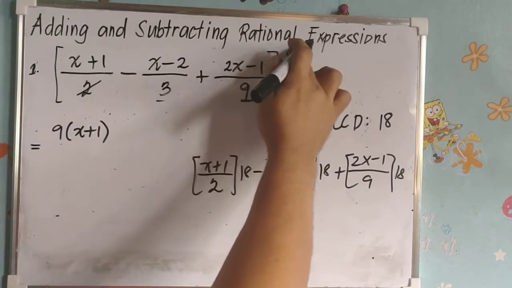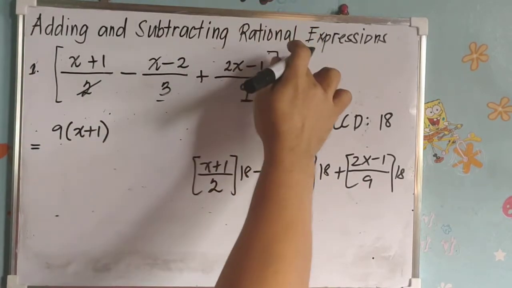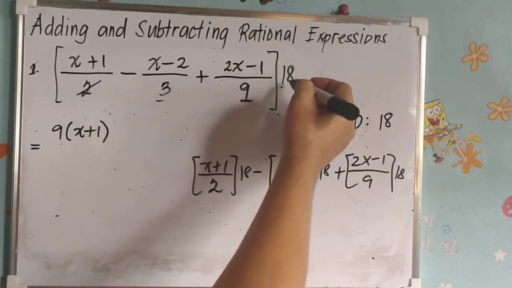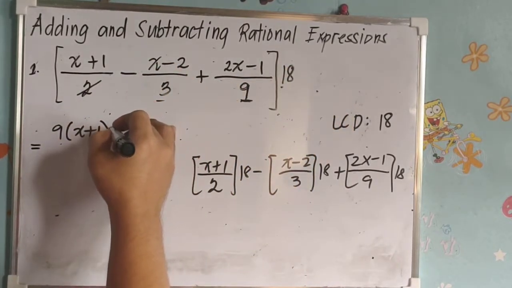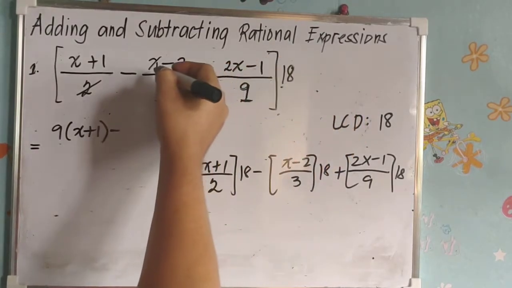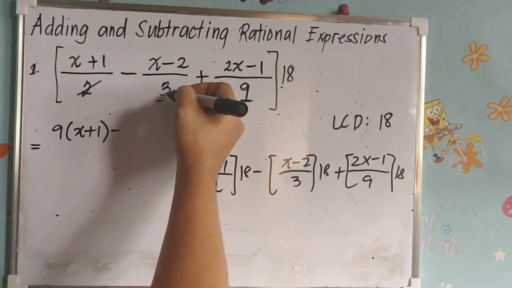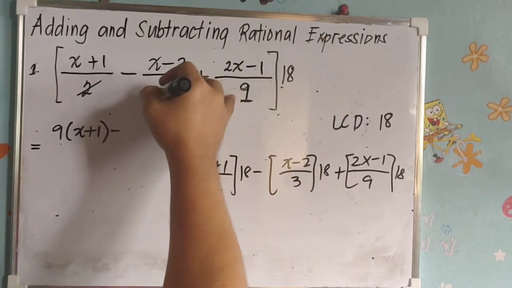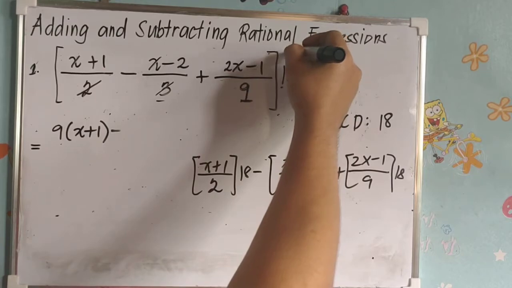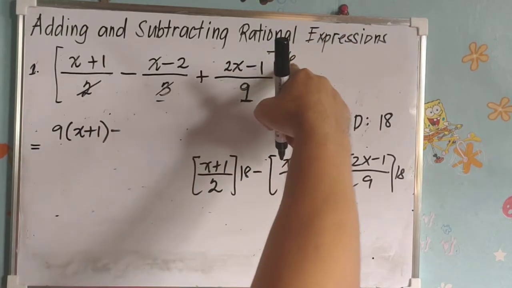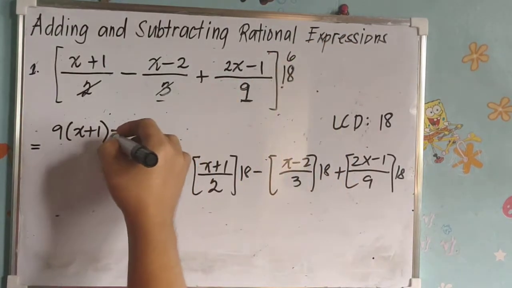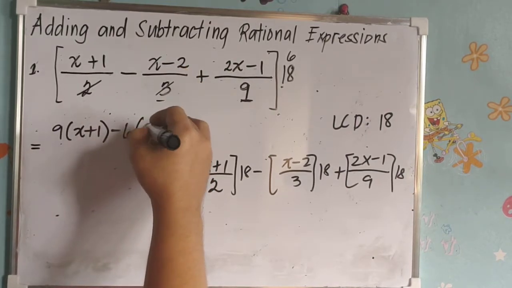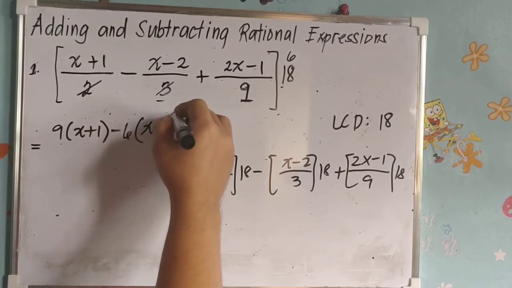Next is minus 18 times x minus 2 all over 3. So 18 divided by 3 is cancelled out. The remaining factor is 6. So we have negative 6 times the quantity x minus 2.